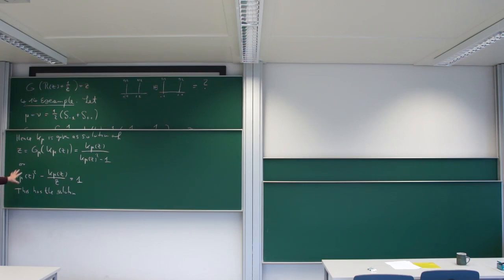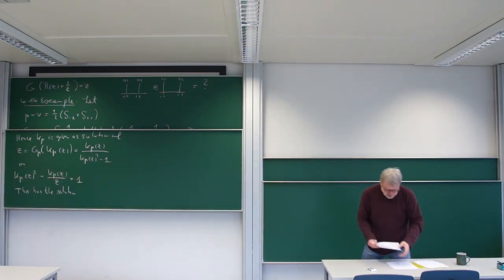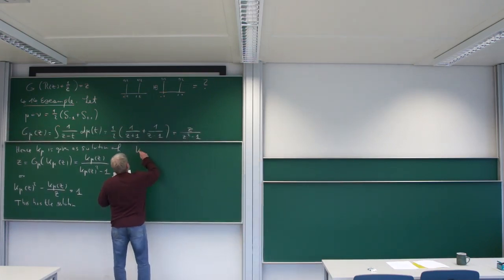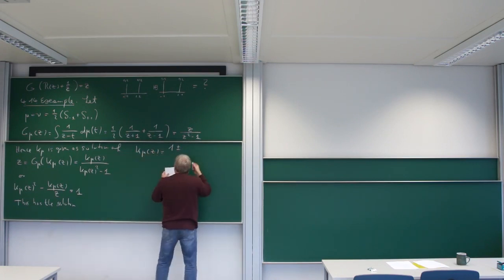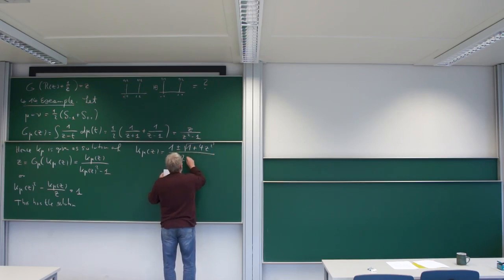There's another solution which maps 0 somewhere else, but that's not the one in which we're interested. So what we get is this K_μ(z) is, maybe let me write it down a priori, both solutions: (1 ± square root of 1 plus 4z squared) divided by 2z.